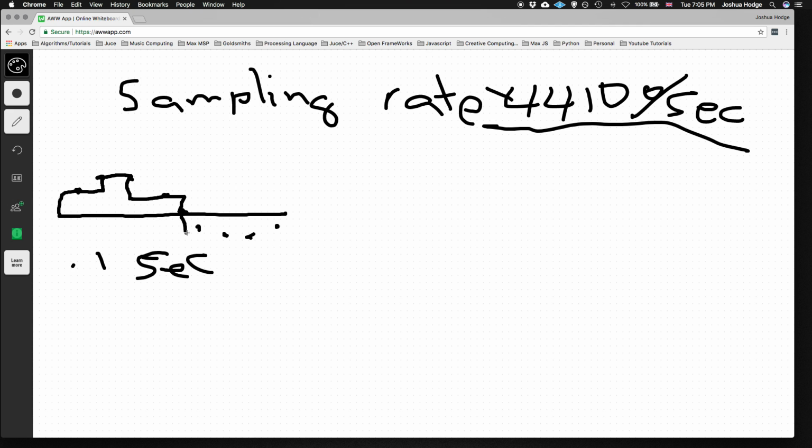Okay, and then it's producing something like this. Now once it's done this, as you can see, it's kind of a rough wave, but if it's doing it 44,100 times in a second, that's quite a few values that it's taking.